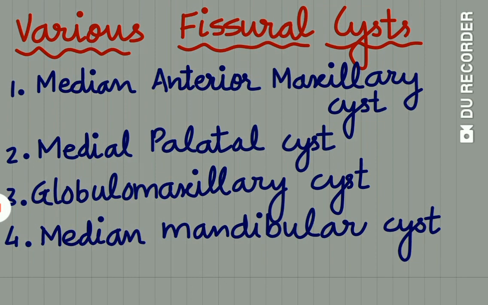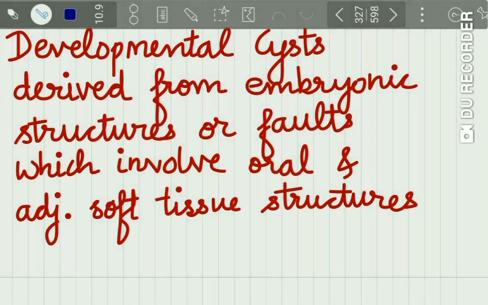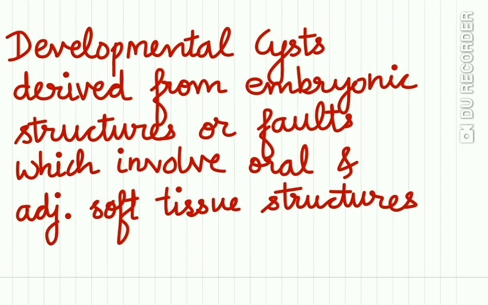Various fissural cysts are the median anterior maxillary cyst, medial palatal cyst, globulomaxillary cyst, and the median mandibular cyst. Now, in addition to the fissural cysts, there are certain developmental cysts.